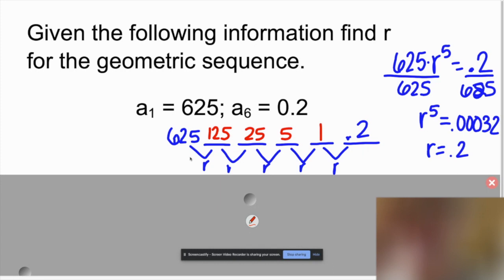So what I could do is look at it and say, well, if it was negative, so this would be negative, this would be positive, this would be negative, this would be positive, so this would be negative, but it's not. So in that particular case, we would say that it can't be negative and that what we just did is not going to be possible.